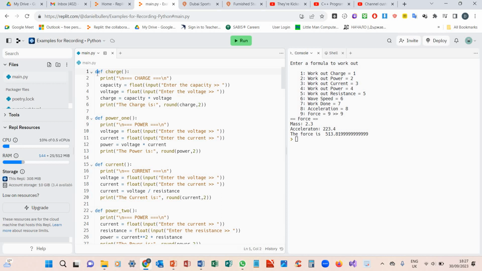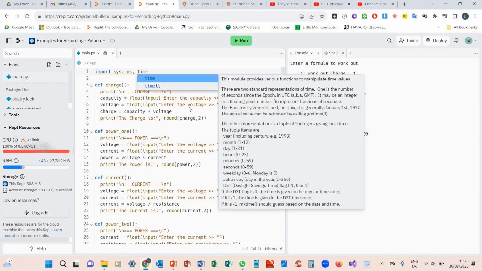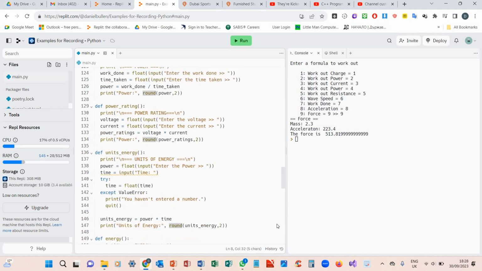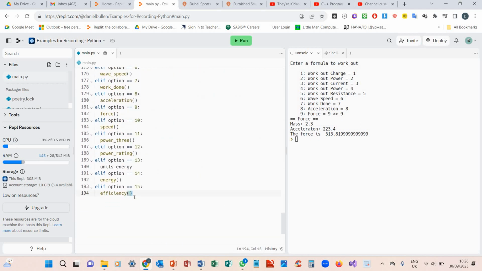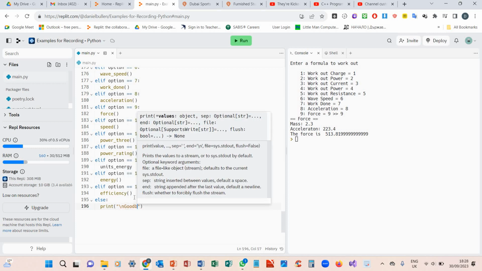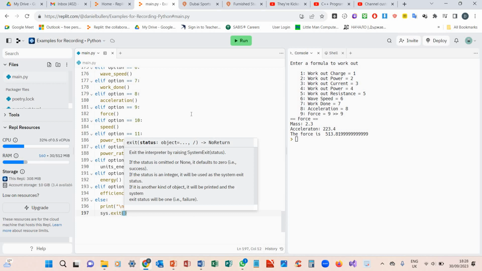Let's make this more fun, because we are going to import sys, os, time. Reason why I've done that is because underneath here we're going to have an else statement, and we're going to do print goodbye, and then we're going to do sys.exit, so that will exit the program.